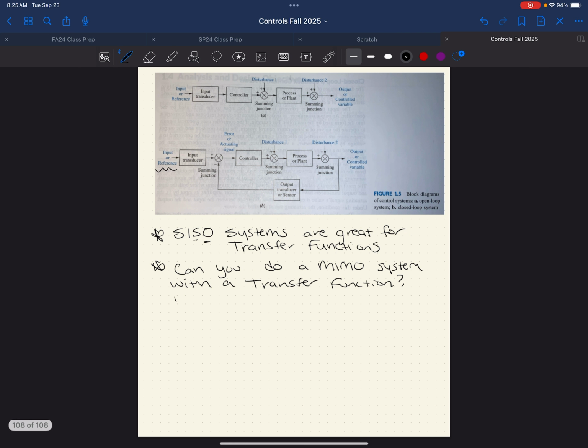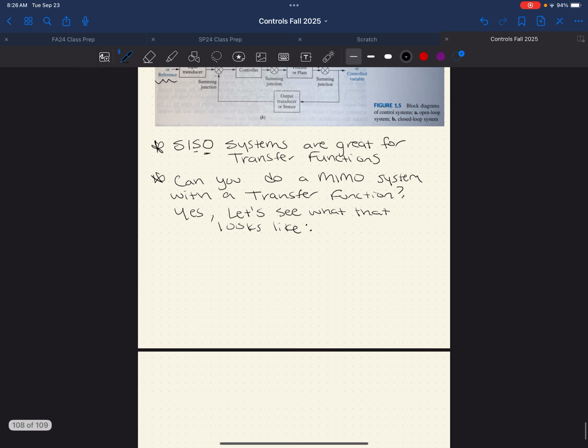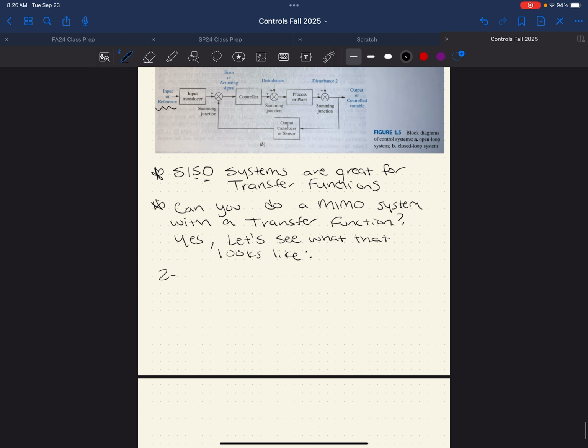Sure, turns out yes. Yes, you can. Let's see what that looks like. First, let's look at 2 input, 1 output. Let's see what that block diagram would look like. So let's say I have 2 inputs.